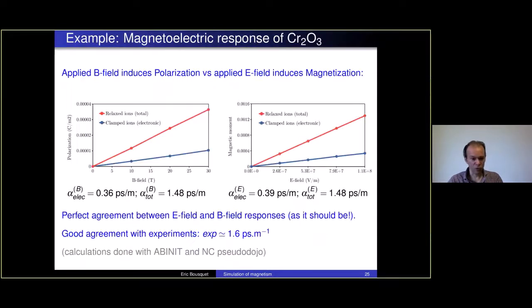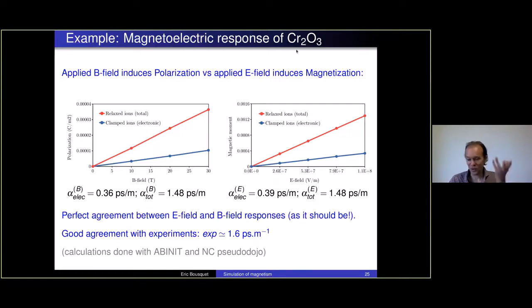This is what you can do from DFT: we can apply a magnetic field, but we can also apply an electric field in non-collinear magnetism. This means we can check whether applying a magnetic field and measuring the polarization gives the same magnetic response as applying an electric field and inducing a magnetization. These are the two calculations I did here with Abinit for chromium oxide, Cr2O3.